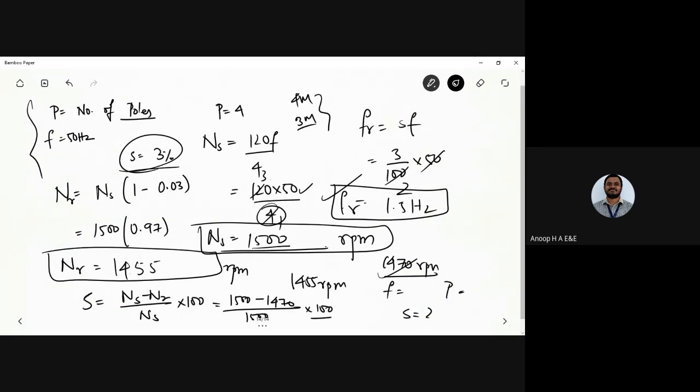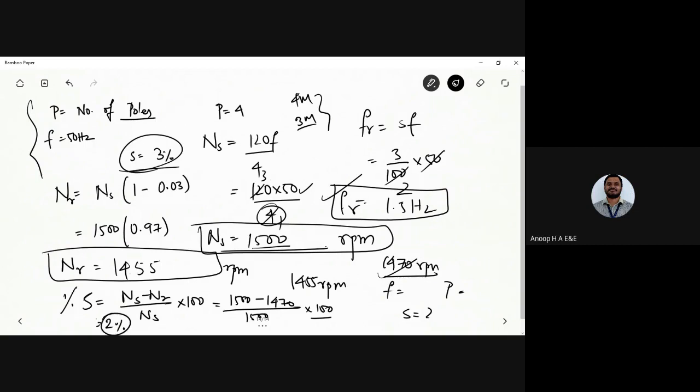What is the percentage of slip? 2%, sir. Yes, exactly. So that would be equal to 2%.